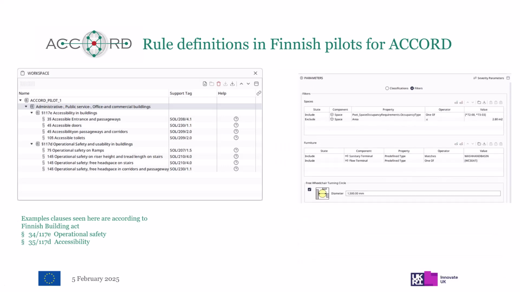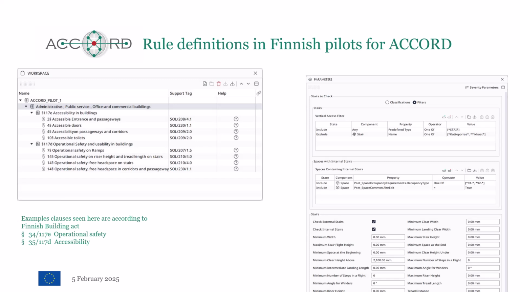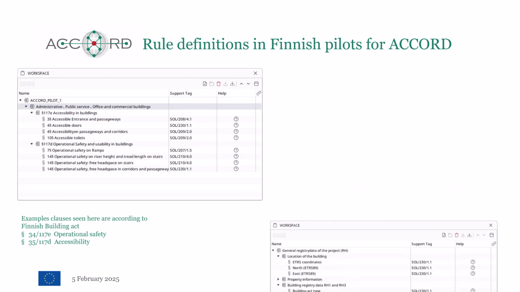And then we have an example of the space requirements for the corridors and toilets. In this case, these are toilets, so that they are wheelchair accessible. And finally, a stairs and ramps example.